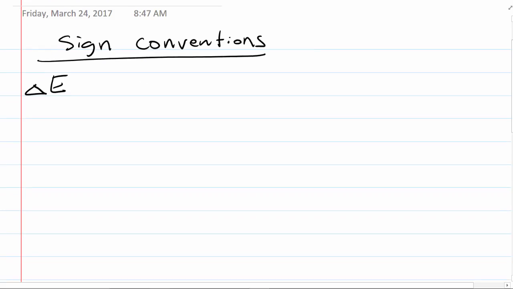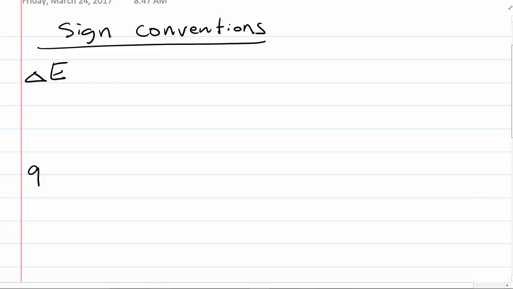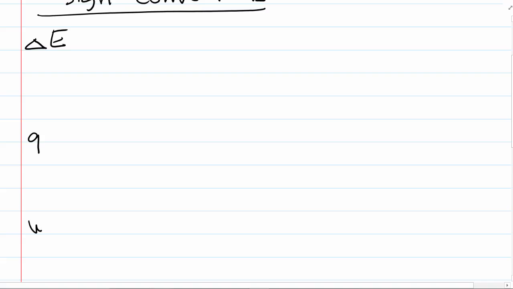And by sign conventions, we want to look at what does it mean if we have a sign on delta E that is positive or negative? What does it mean if we assign a positive or negative sign to Q? What does it mean if we assign a positive or negative sign to W? So we'll kind of make the shell to get us started here.